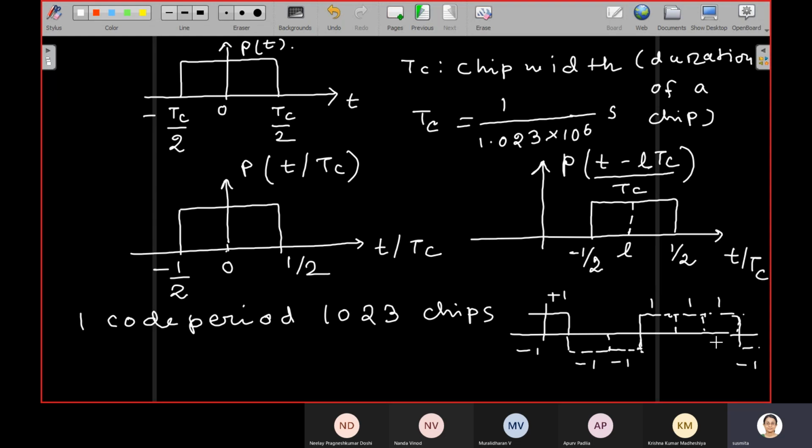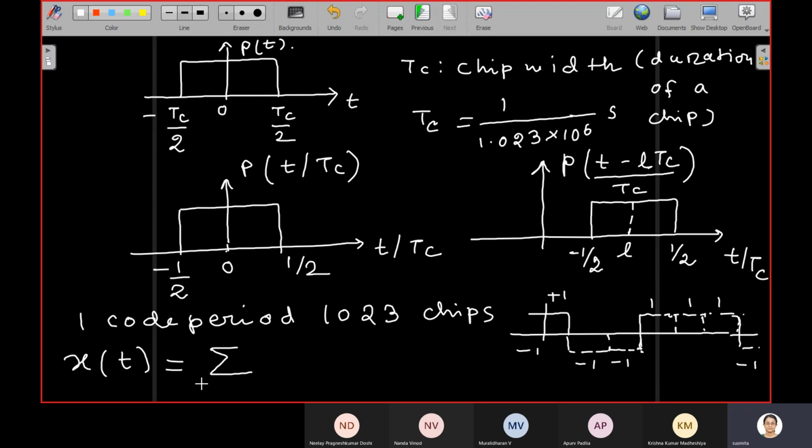And there are capital N chips in 1 millisecond, in one code period in case of the CA code. Let's denote one code period as x of t. So x of t has capital N chips.